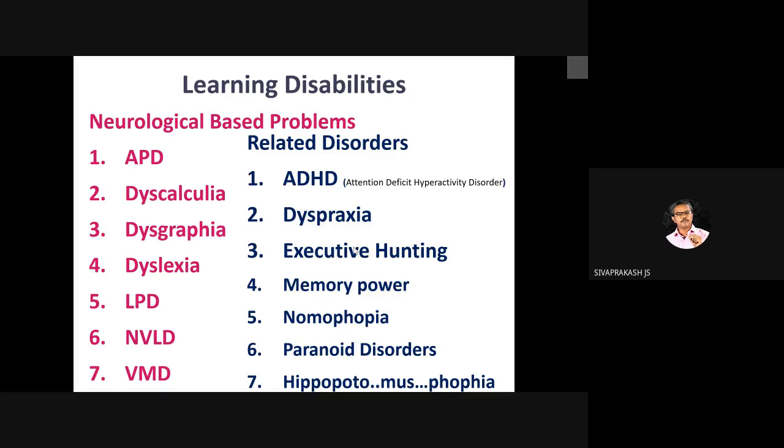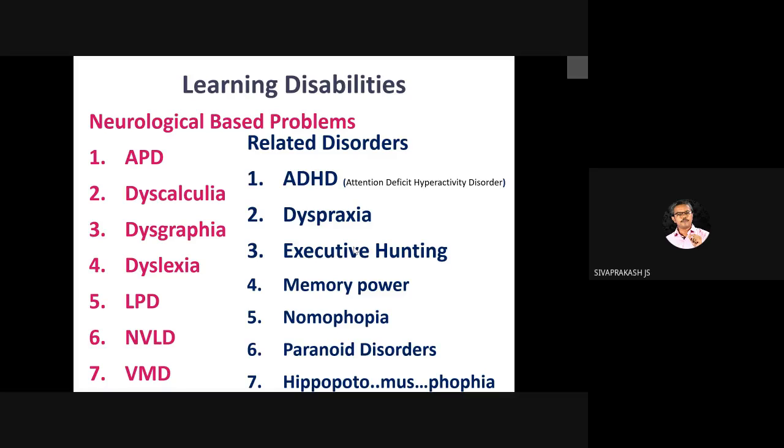Receptive disorder. So the other one is NVLD, non-verbal learning disabilities. What they have is higher verbal skills, weaker motor skills, right? Visual, spatial and social skills are all low for them. Non-verbal learning disabilities, NVLD. Next, visual perceptual or visual motor deficit.